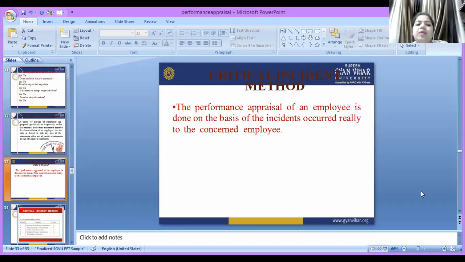So the performance appraisal of an employee is done on the basis of incidents that really occurred to the concerned employee. Let me suppose a fire occurred in the organization. So what is the reaction of the employee? The employee will run from the organization, the employee will call the fire brigade, or the employee will do something else to cool down all the things.